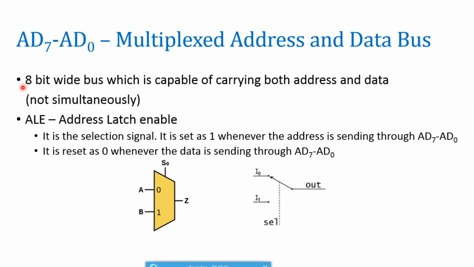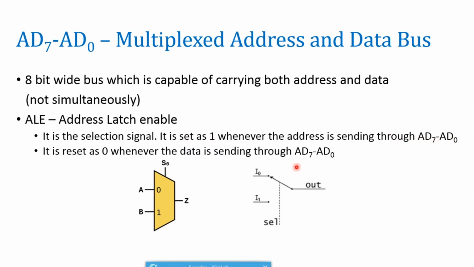Address and data both go through the same hardware path, but not simultaneously. So the 8085 has to discriminate what is address and what is data. This has to be identified separately, so there is a selection signal available, address latch enable. Let us assume this is address, this is data, and this is the ALE signal. It gives a flag-like signal: it is set to 1 whenever the address is sent through AD0 to AD7. If the address is being sent through the address or data bus, ALE will be 1.